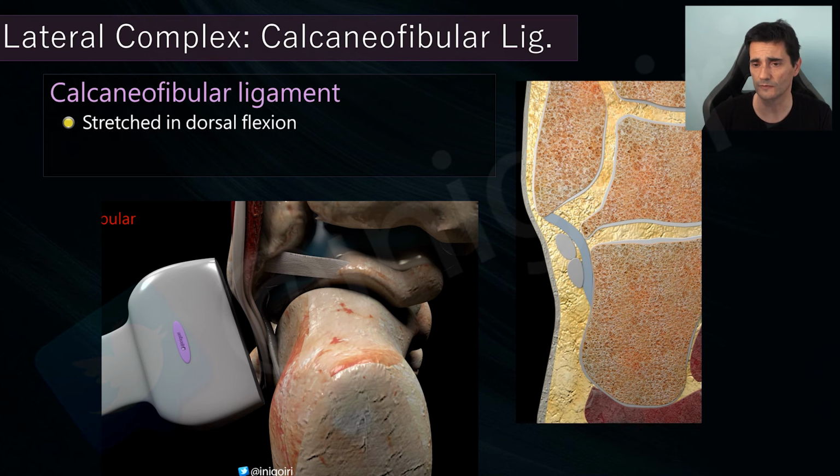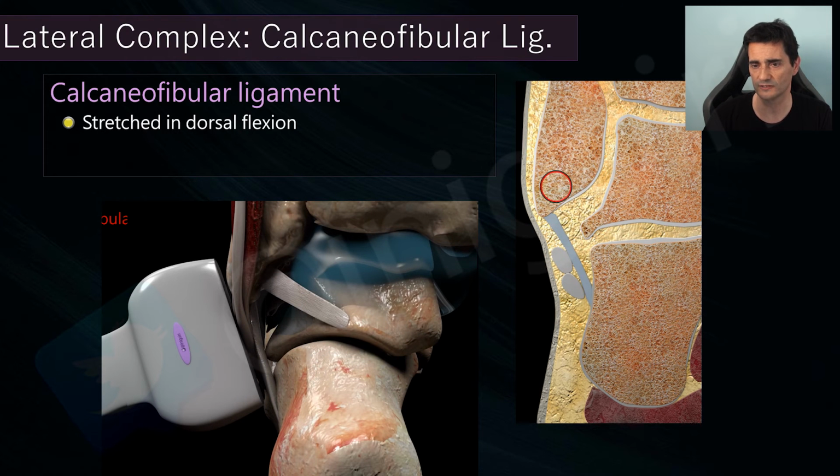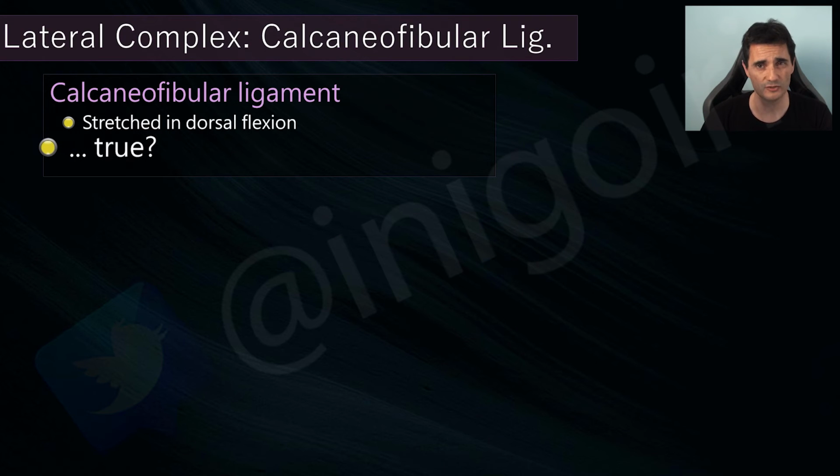So if you ask the patient to dorsiflex the ankle, you will succeed to tense, to straighten the ligament, and this ligament pushes the tendons superficially against the probe. This is the usual maneuver to check the calcaneofibular ligament. But it's not always like that, as we are going to see later.